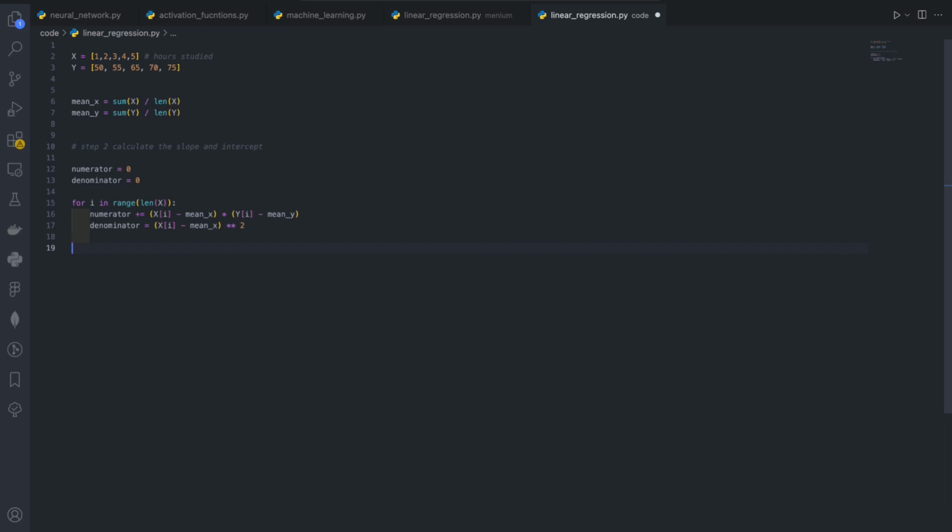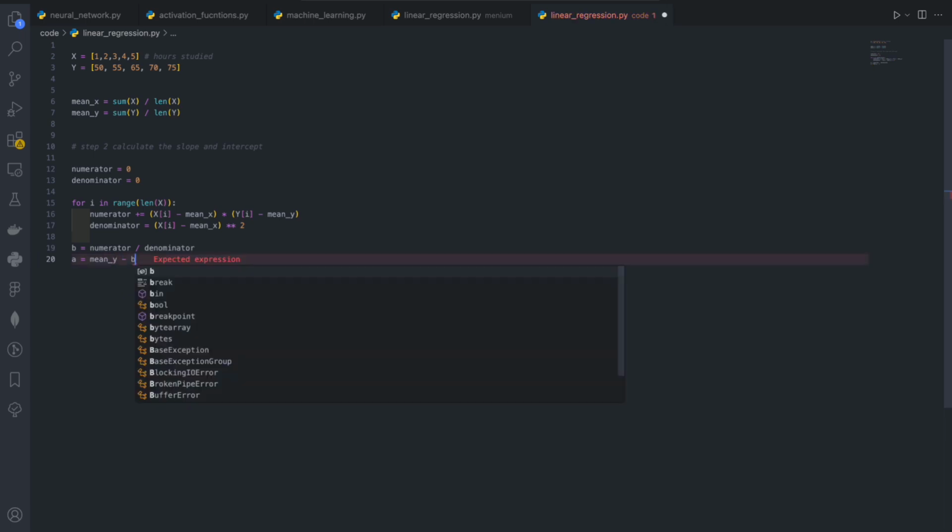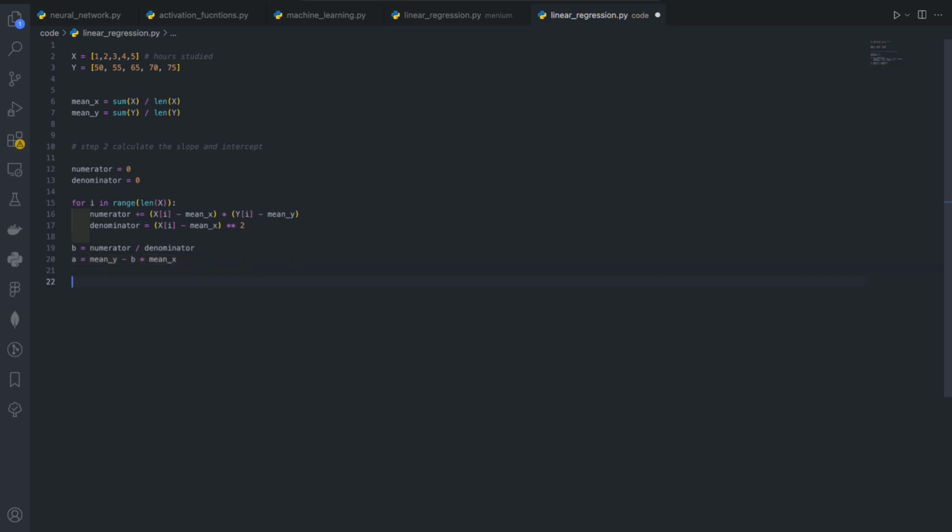So b here, which is slope, will be numerator divided by denominator. And to calculate a, that will be mean y minus b into mean of x.